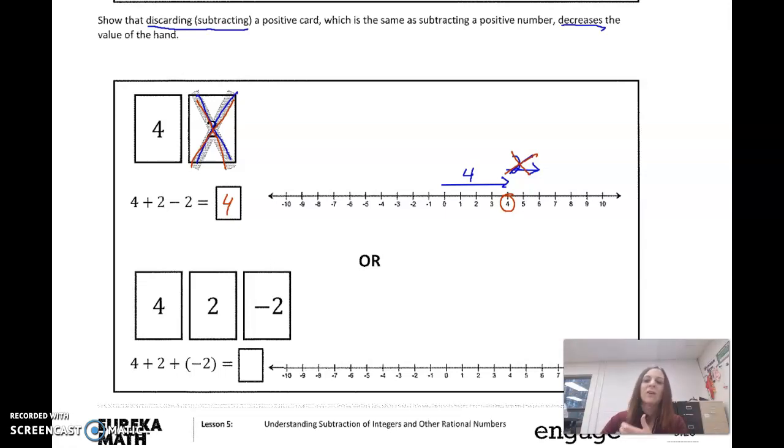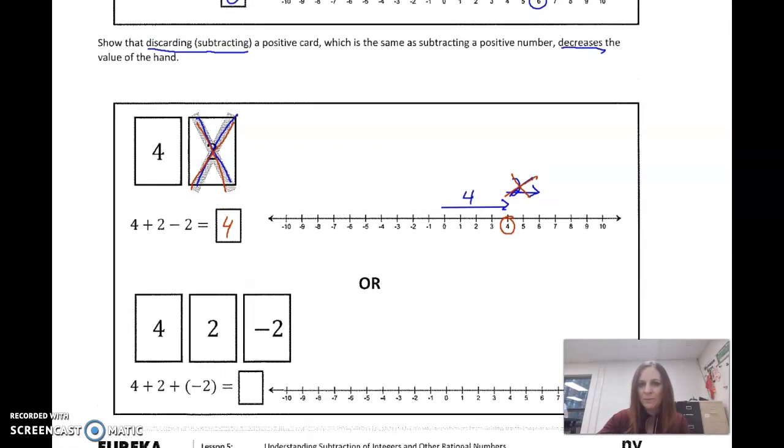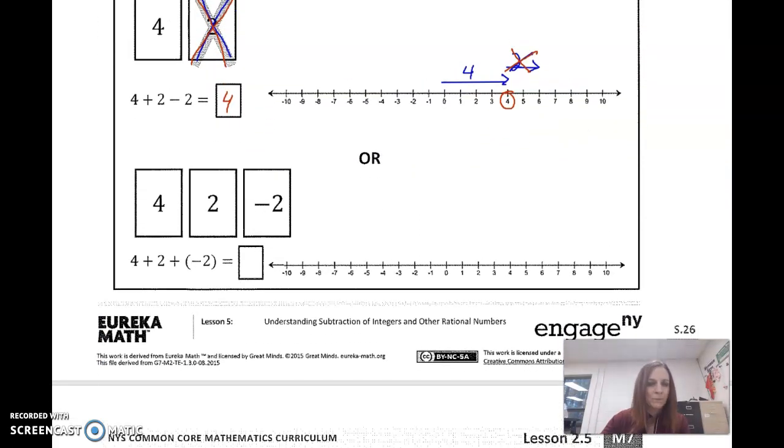Another way we can think of it is picking up its opposite. So instead of discarding that 2, remember the other day we worked on opposites. Let's say I have those 4 and 2 in my hand, and then I pick up a negative 2. Let's put it on the diagram here and see what happens. Again, 0 to 4.